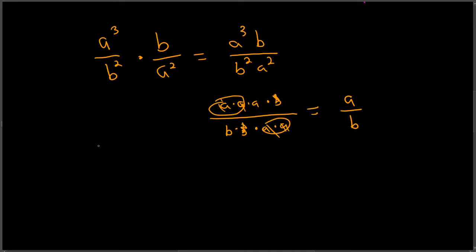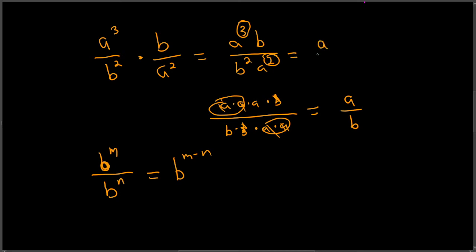And there's a neat power rule that comes out of this. If I have the same base, so I'll just write it as B, to a power divided by the same B to another power, I can just subtract the two powers. So if I re-look at this, let's take this and look at it. I have A cubed upstairs and A squared downstairs. So if I subtract the powers, 3 minus 2 is 1.